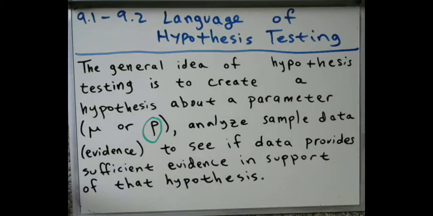Then, once we have analyzed the data to see if it supports that hypothesis, then we state a conclusion in regards to that hypothesis. So it's a formalized procedure to learning about a population parameter. And in this video, we're going to outline the steps sort of as an intro. And in the subsequent videos, we will dive deeper into those steps.